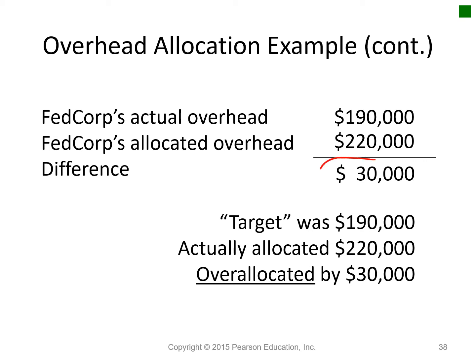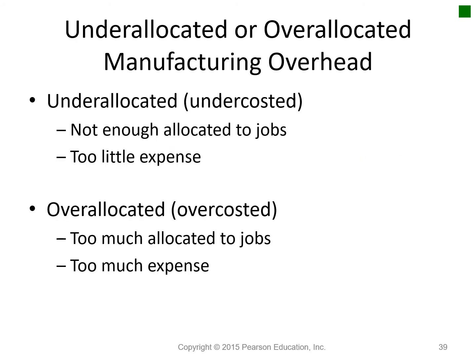So that's a difference of $30,000. And we would rather be closer to the actual, because remember the allocated is an estimate. And so in this case, we missed the mark by $30,000. So now, what are we going to do with that $30,000? Well, the next slide we'll talk about what you do with it.